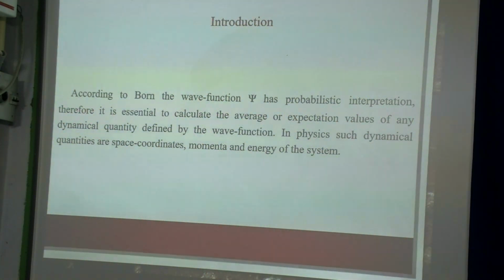Let me introduce what we mean by an expectation value and what is the necessity for an expectation value. According to Born, the wave function psi has a probabilistic interpretation. Therefore, it is essential to calculate the average or expectation values of any dynamical quantity defined by the wave function. In physics, such dynamical quantities are space coordinates, momenta, and energy of the system.